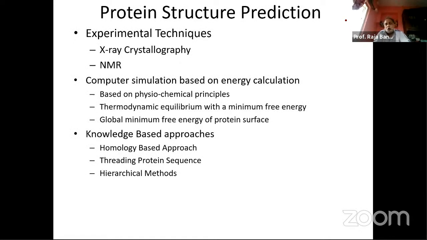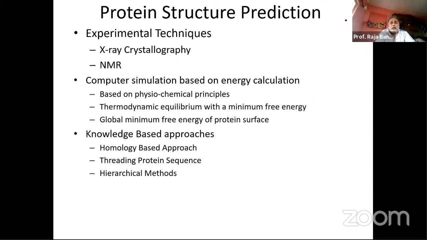Now we have to go for different ways to understand the secondary and tertiary structures. There are experimental techniques, which are of two types: one is X-ray crystallography, and the second one is NMR. And there are computational techniques.